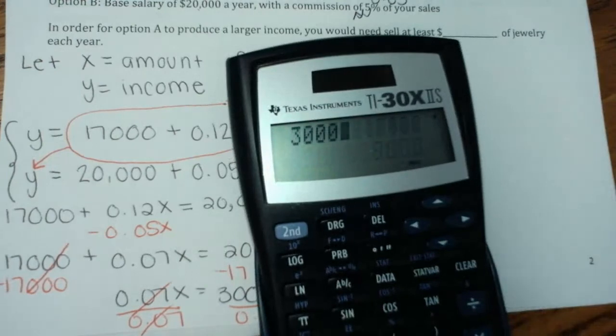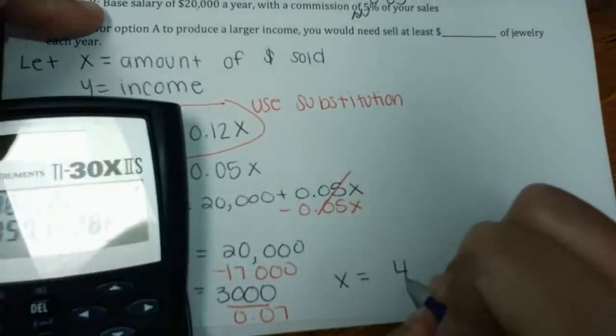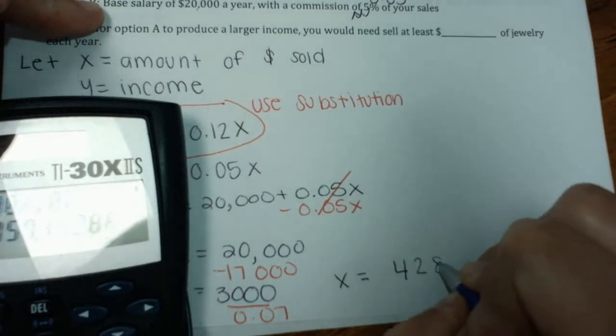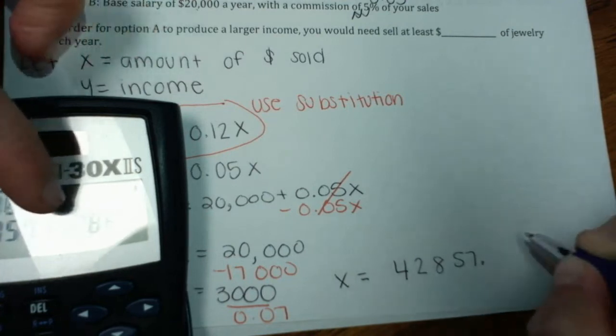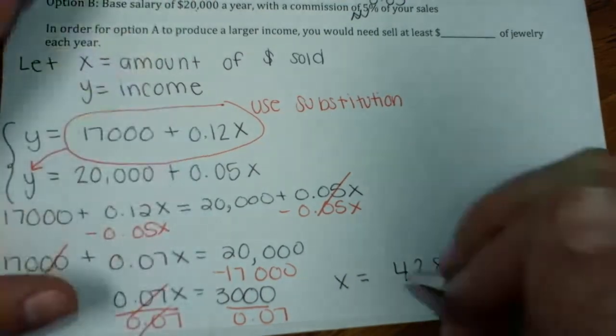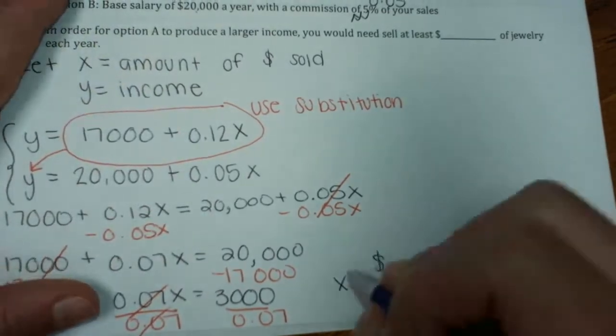So 3,000 divided by 0.07 will give us x equals 42,857, and it's talking about money, so rounded to 2 decimal places, so 0.14. Remember, x is the amount of money sold, so that's going to be your sales. So that's going to be our answer.